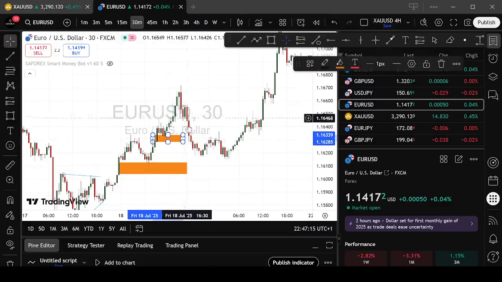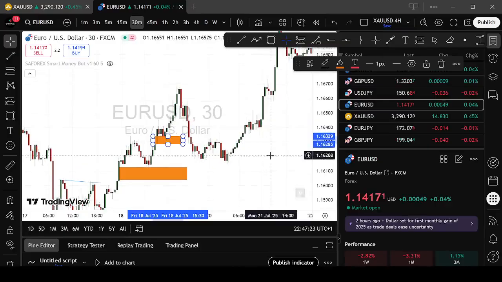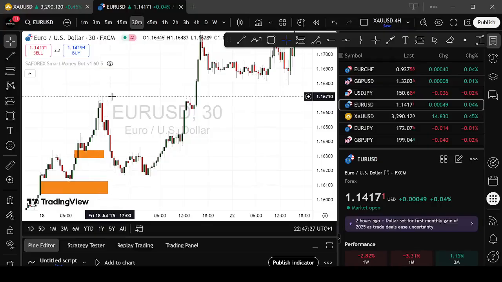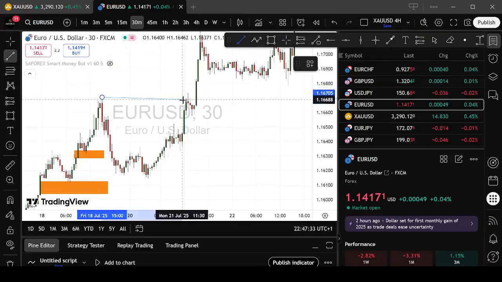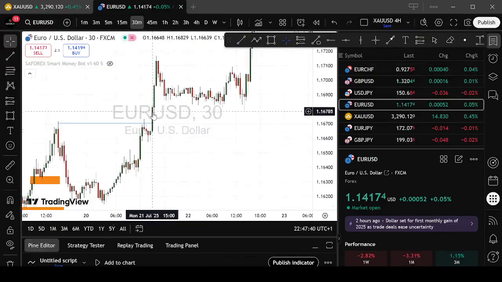So when price keeps doing all of those things, it will always leave a fair value gap behind for the smart money traders to come and fill in for them to go on. After this major break of structure, you see that price also left an imbalance there.